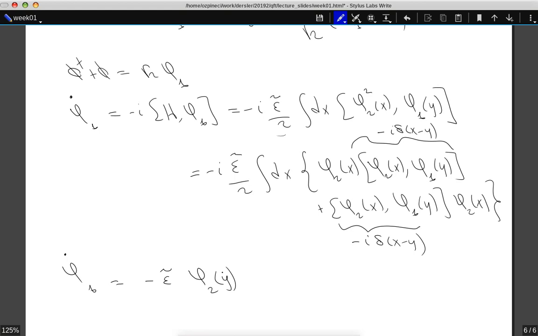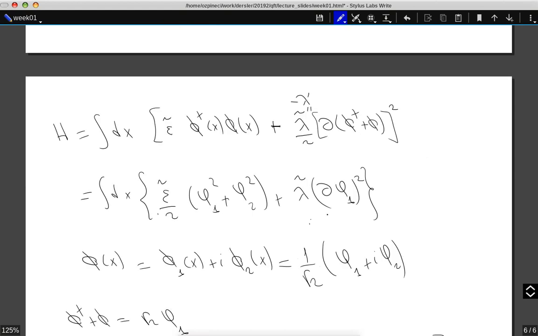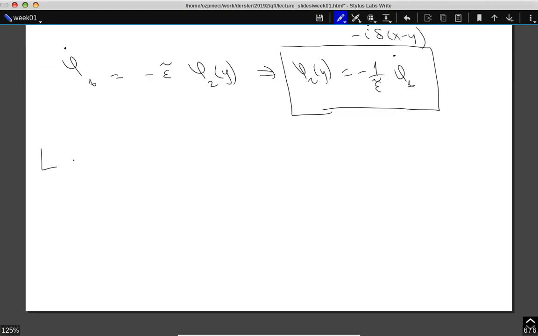That is this minus over here. And Dirac delta x minus y, I can just use it to calculate the x integral. It will just give me the phi 2 of y here and phi 2 of y over there. So now I know what my momentum is. Phi 2 of y is actually minus 1 over epsilon tilde phi 1 dot. There's probably a sign mistake somewhere, but let's continue.